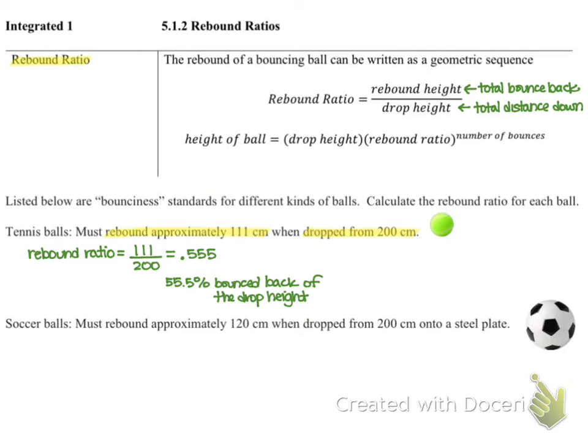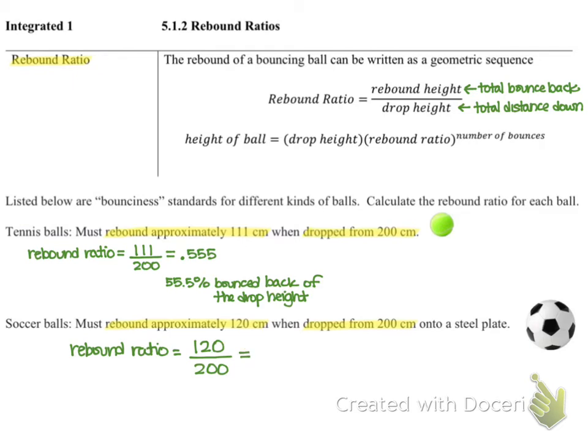All right, let's take a look at the soccer ball. It has to rebound 120 centimeters from a drop of 200 centimeters on a steel plate. These are the actual regulations. So our rebound ratio: it has to drop from 200 centimeters, but of those 200 centimeters, it comes back 120 of those centimeters.